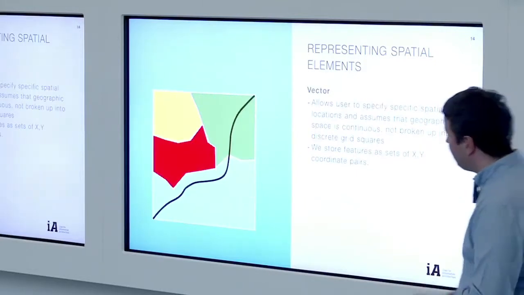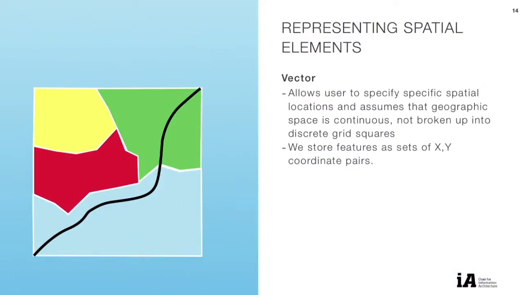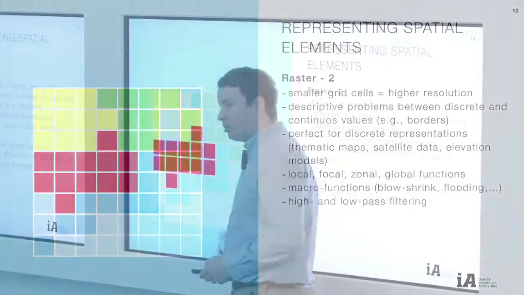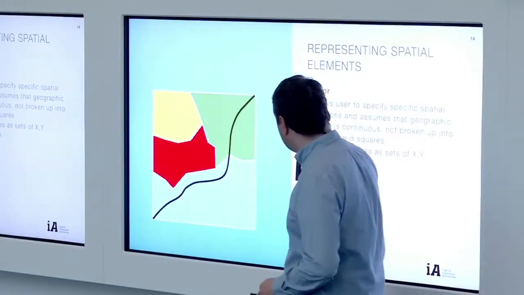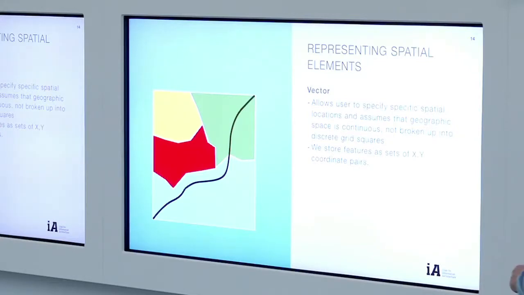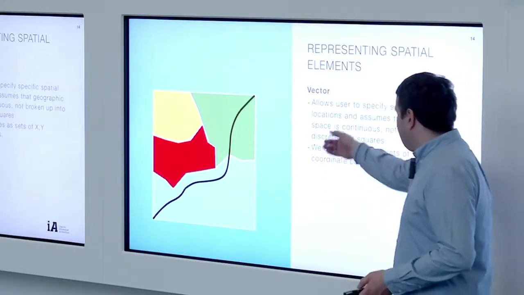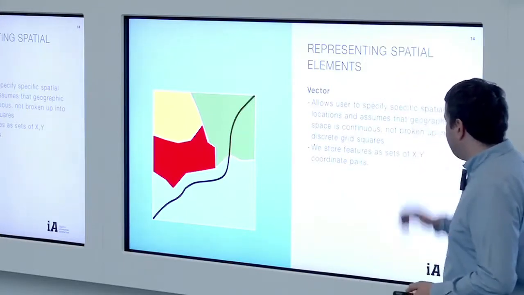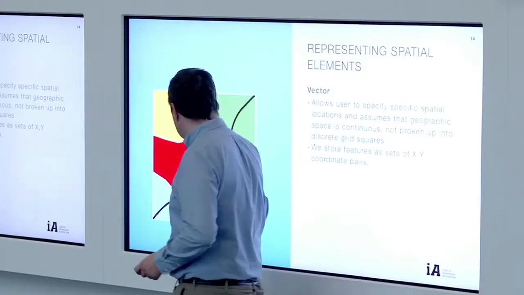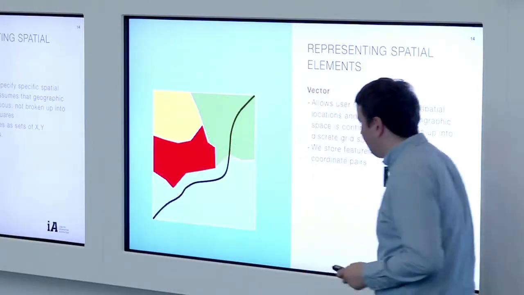So, this picture translated into vector graphics would be something like this. It could be different because there's a certain kind of uncertainty about the information here. So as vector data, the space is continuous, not broken up in a discrete grid, and we really have areas which are paired to each other.